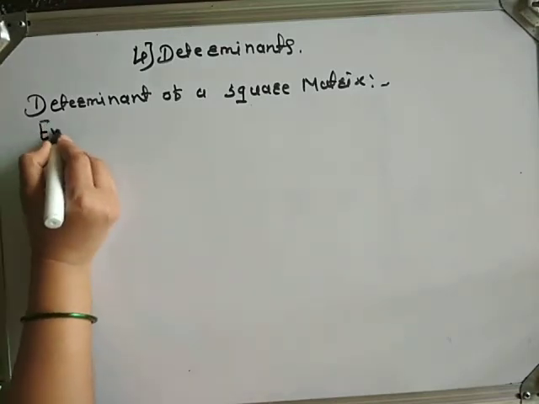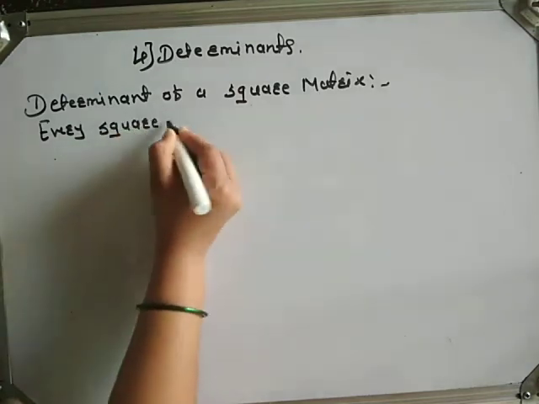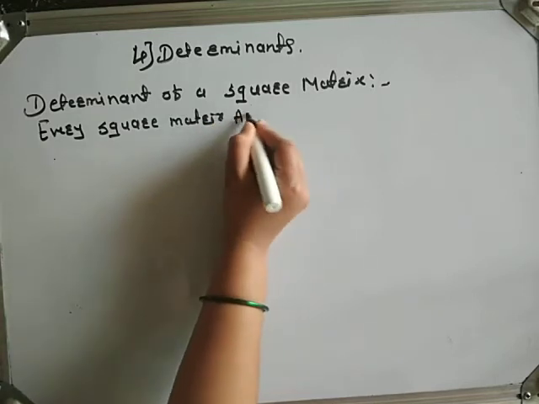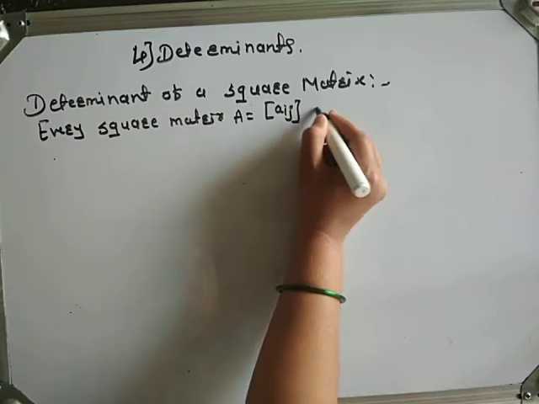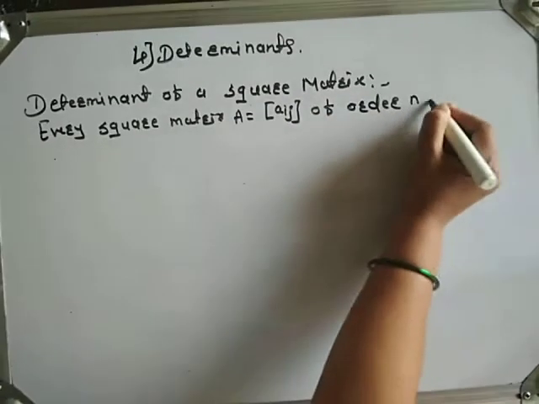Every square matrix A equals matrix Aij of order n.